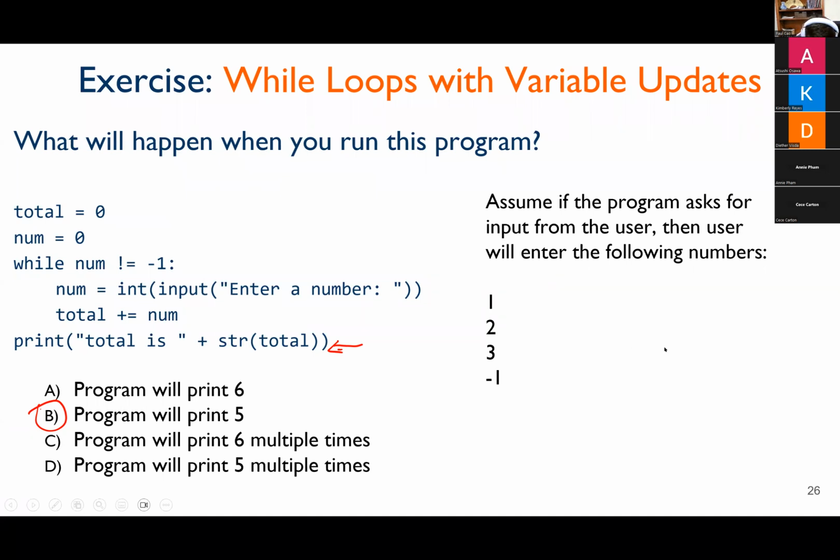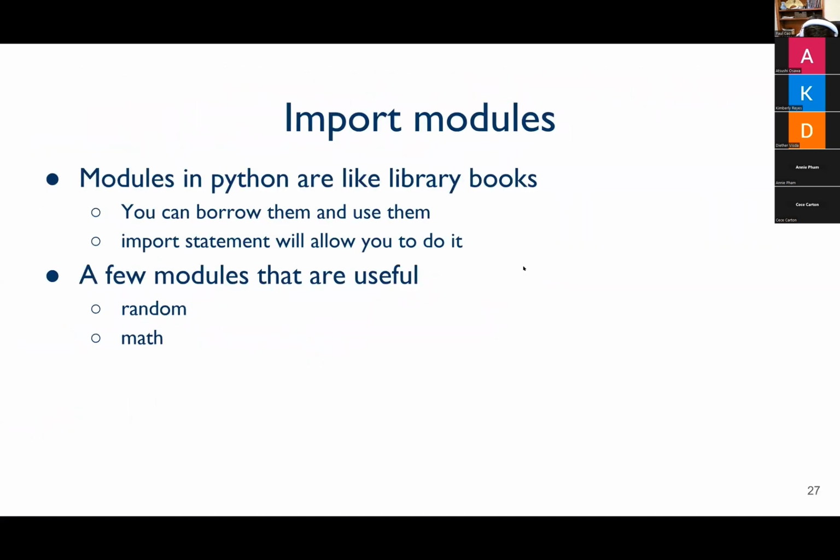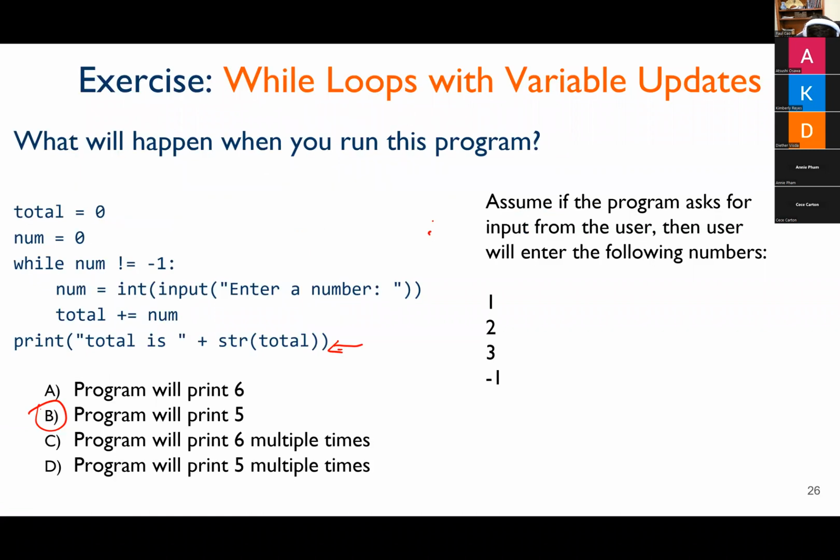It's because in the first round, when you enter 1, right? Num would be 1, total would be 1. And then you enter 2, num would be 2, total would be 3. And then you enter 3, total 3 plus 3 is 6. And then you enter -1. At this time, num is -1.